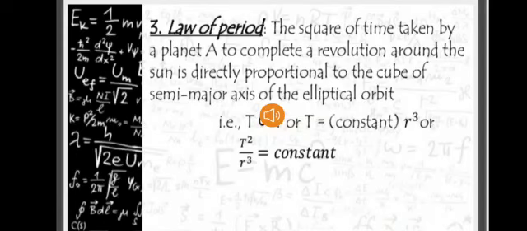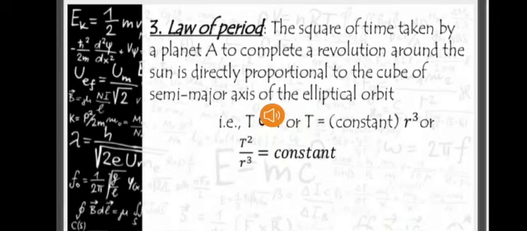As you all know, centripetal force is equal to mv square by r, and the gravitational force is equal to G, the universal gravitational constant, capital M the mass of the Sun, small m the mass of the planet, by r squared.